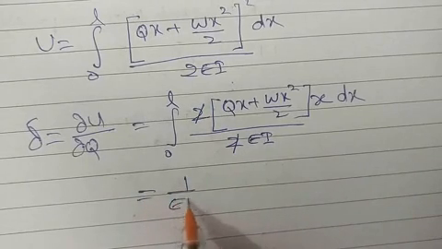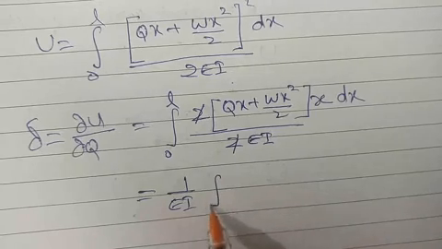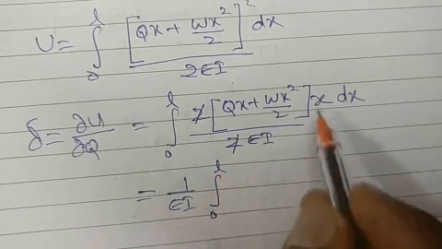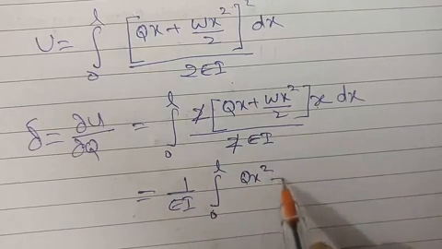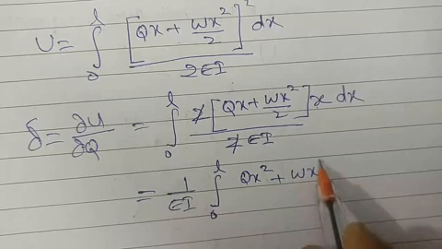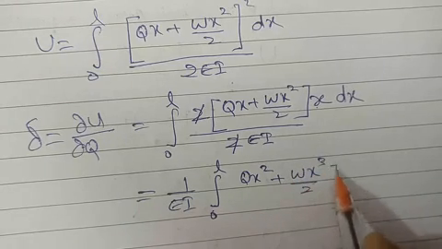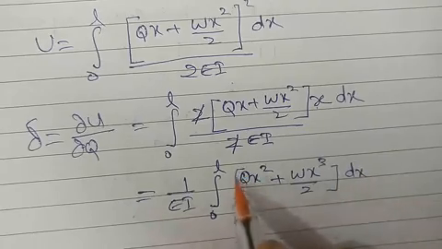1 by EI is taken out, 0 to L. Now multiply the x here, Q x square plus W x cube by 2 dx.